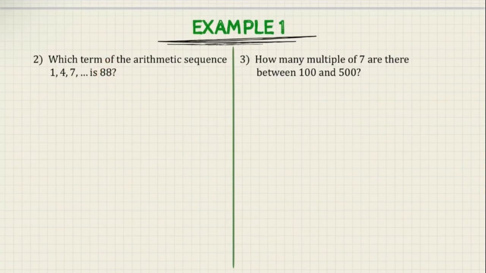Okay, siapa faham soalan ni dia minta apa? Dia minta formula kepada Tn ataupun dia minta value of n itself? Value of n. Yes, betul. Soalan ini dia minta value of n. So which term merujuk kepada n sama dengan berapa bila kita punya Tn adalah 88.